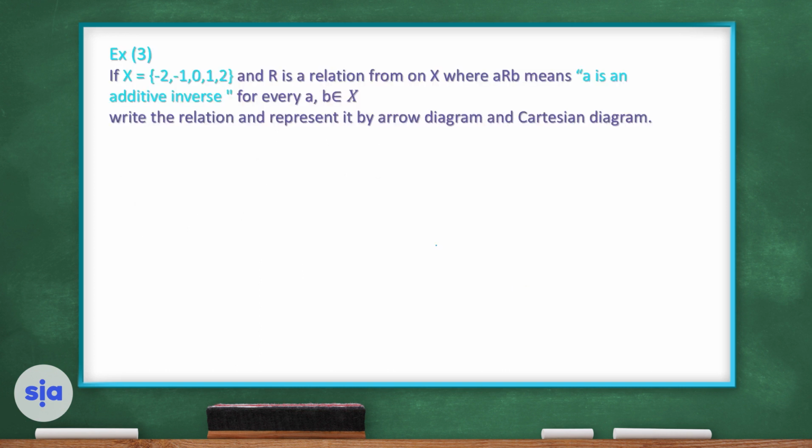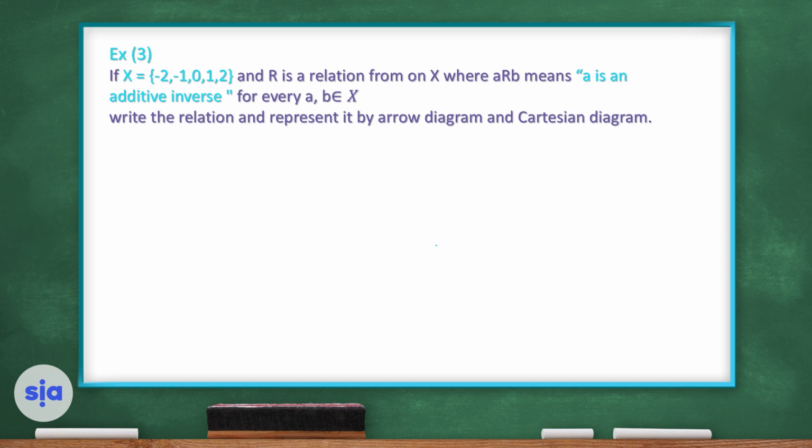Example 3. If X is a set that has elements -2, -1, 0, 1, and 2, and R is a relation where ARB means A is an additive inverse of B, for every A and B belonging to X. So A and B both belong to X. If I check every element in X, what will it be? The -2. What's the additive inverse of -2?